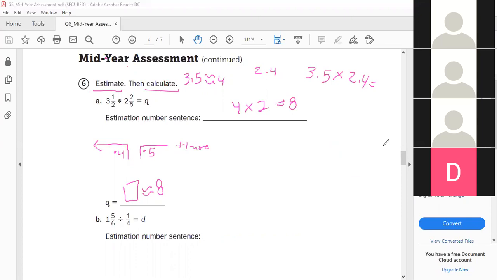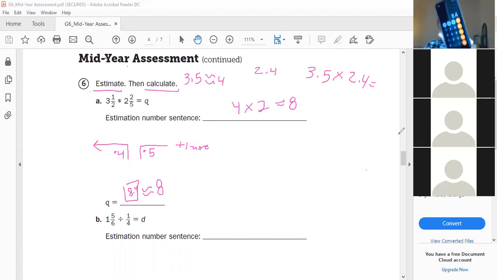Or like just click the little raise your hand button. But yes, you are correct. I would give Chantel the credit for that though, because she raised her hand. But yes, 8.4. That's what my calculator says too. So the real answer is 8.4, which is very close to 8. So that means our estimate was correct.